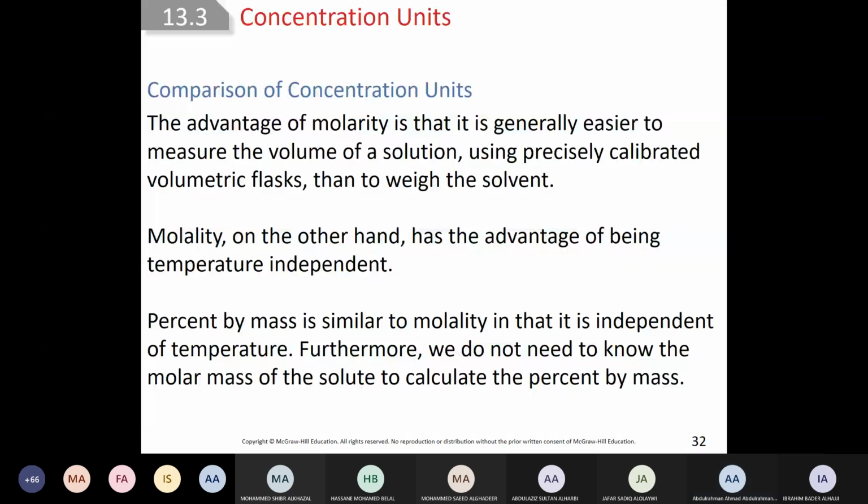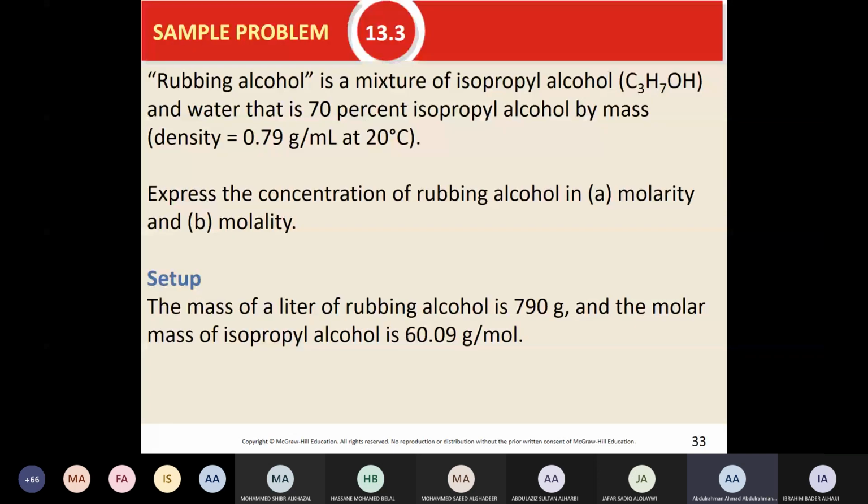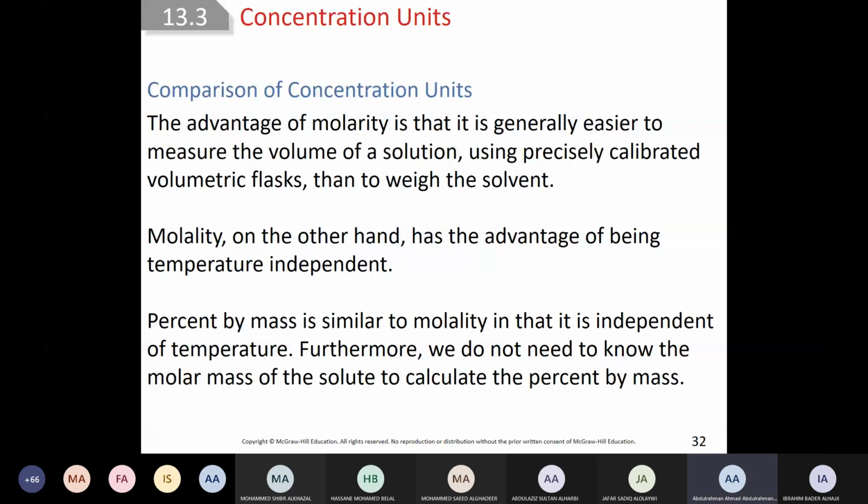Now, before we go on, let me give you another thing. What is mass percent, by the way?